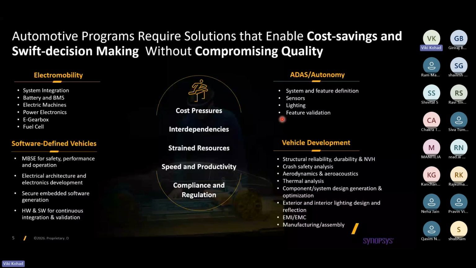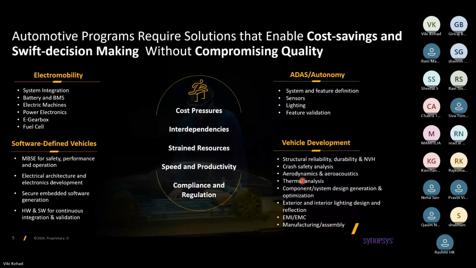And then the complete vehicle development, which is a physical development, including structural reliability and crash safety analysis. In India, the NCAP rating is there, and that NCAP rating is based upon the crash analysis. Then the aerodynamics analysis is based upon the drag coefficient.